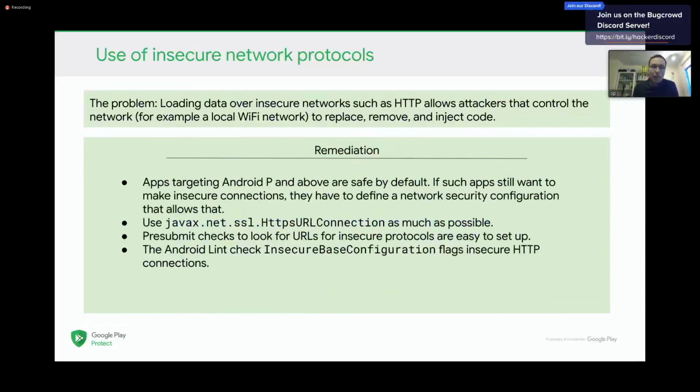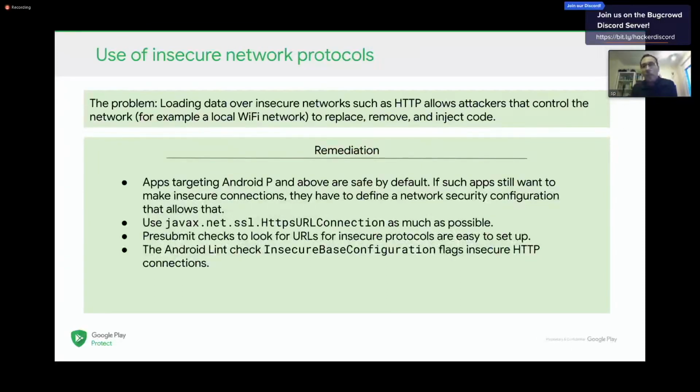Remediation: since Android P, you're fairly safe by default, but if you want to make insecure connections, you have to introduce the network security configuration file that I just mentioned. I linked the documentation on the previous slide. There's javax.net.ssl.HttpsURLConnection.